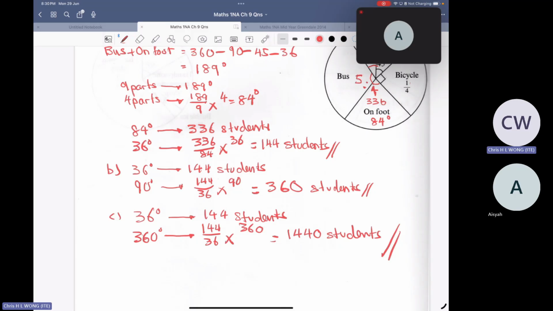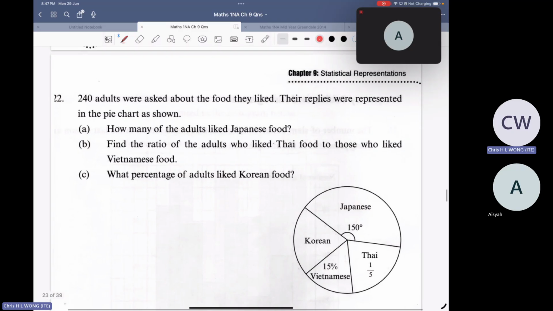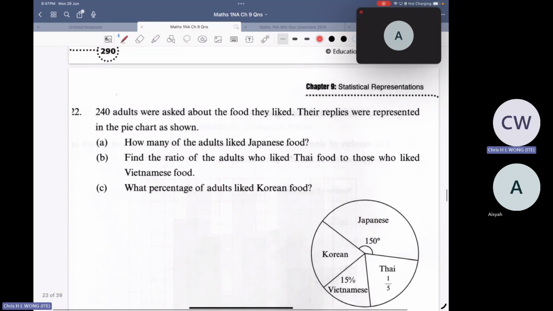I hope the more you do, the more you get used to it. Can you try yourself first before I start? Can you all try yourself? Write down the information that is given to you.